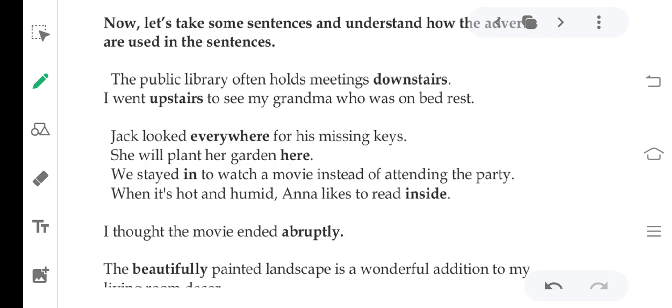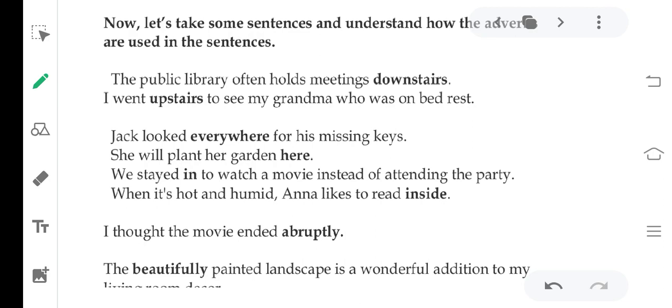Now let's take some sentences and understand how the adverbs are used in the sentences. The public library often holds meetings downstairs. So downstairs is an adverb of place, isn't it? It was used at the end of the sentence. There are no thumb rules to use adverbs in the beginning or ending. There are some rules, but we cannot stick to the rules always.